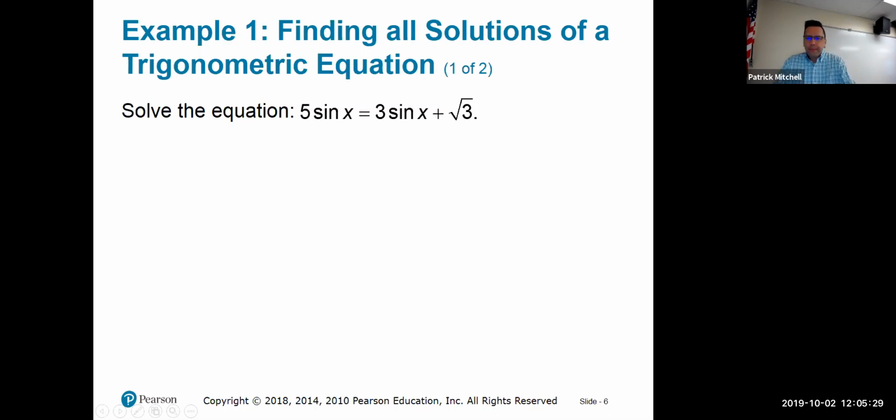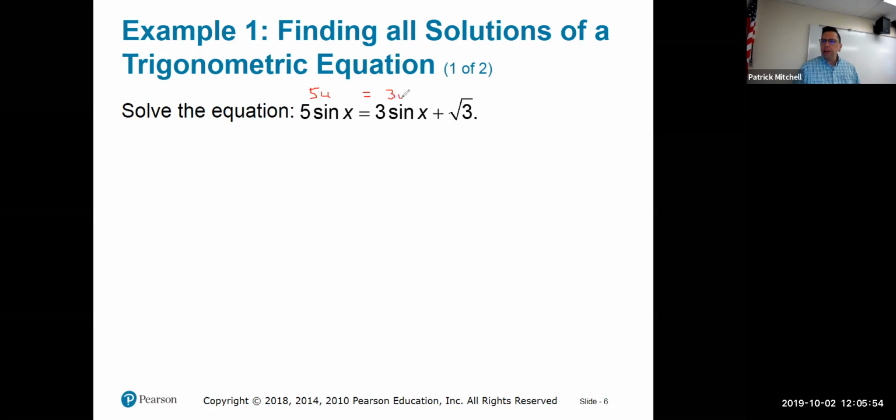What we're going to do is first solve it for sine x. It's almost like pretending this is the equation 5u equals 3u plus the square root of 3, a nice little linear equation.